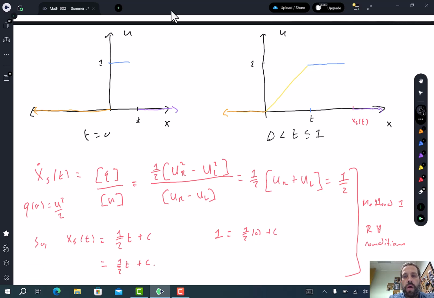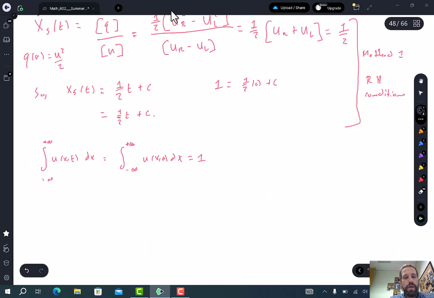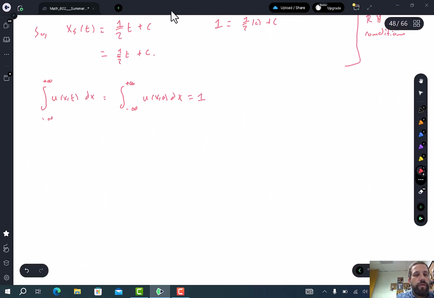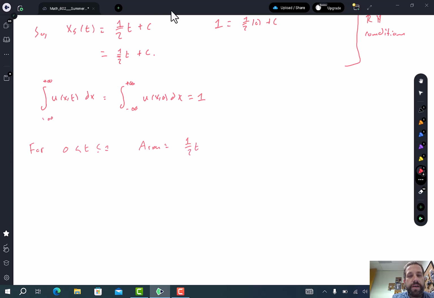Okay, so let's figure out what the integral of this function is. Remember this height is 1. So this yellow triangle part is going to be 1/2 base times height, that's the area. So it's going to be 1/2 times t, that's the base, and the height is 1. So for 0 less than t less than or equal to 1, the area is going to be equal to 1/2 t.